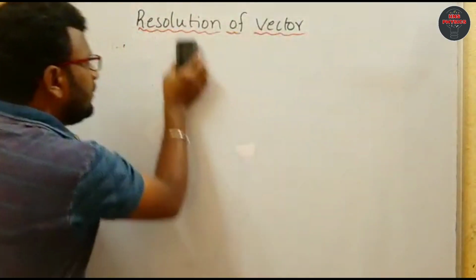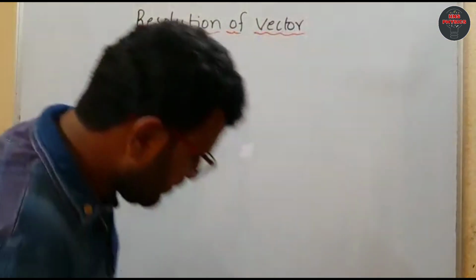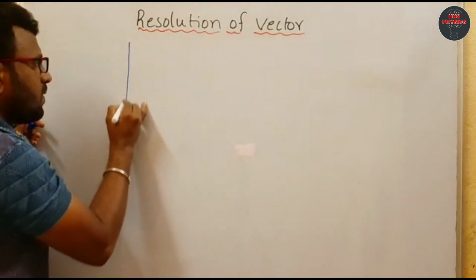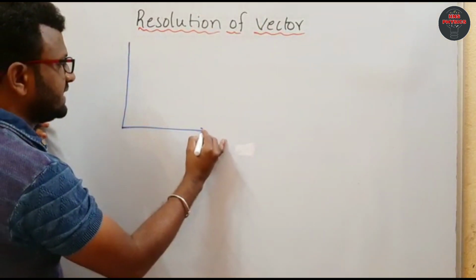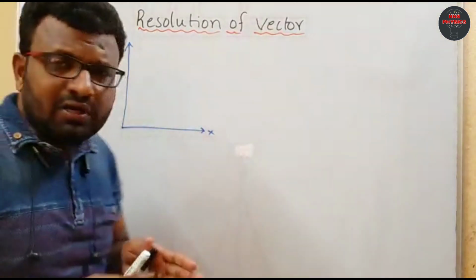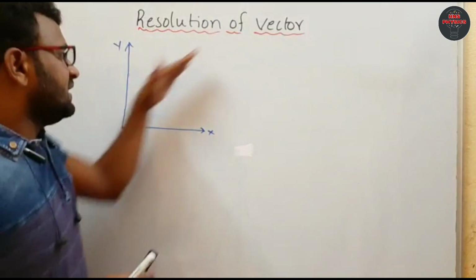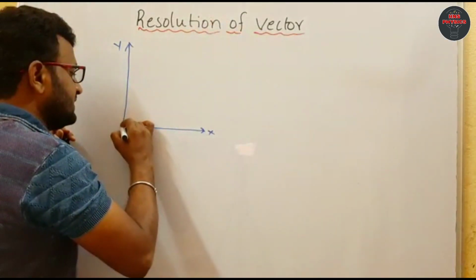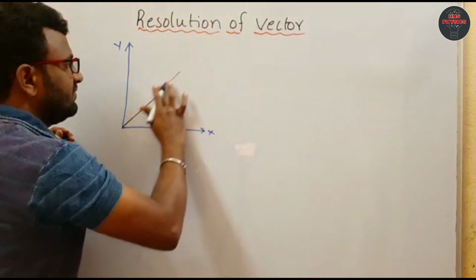Alright. So I'm taking an xy plane, right? This is the xy plane, x-axis and y-axis. One ball is moving in this direction with a velocity v.